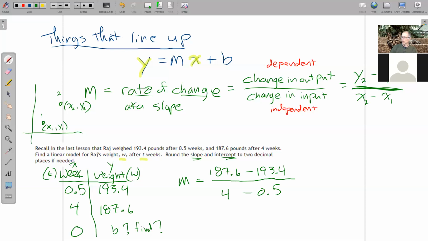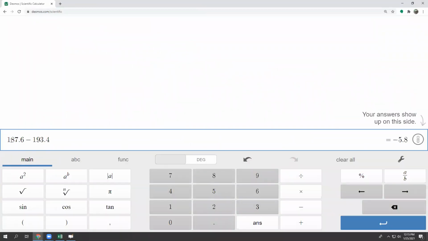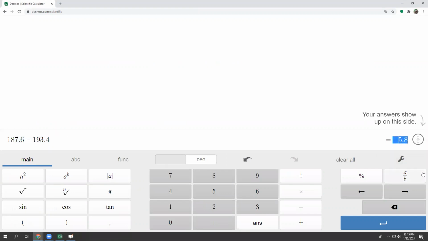And what do we have? 187. I'll show my calculator in just a second. 187.6 minus 193.4. I just have it in a second screen so I can make sure I'm typing it right. All right, so I think I typed those right. 187.6 minus 193.4 over here. My calculator says that's negative 5.8.